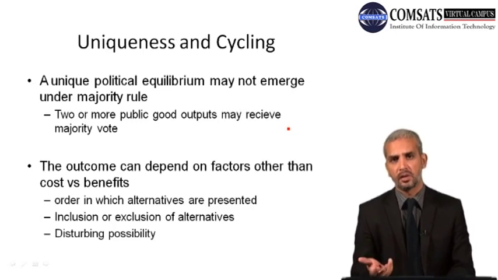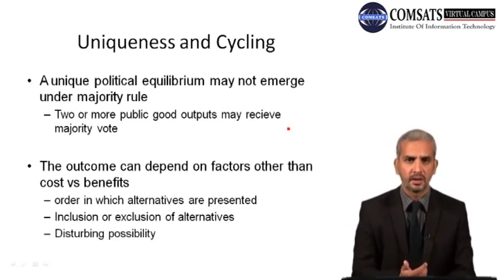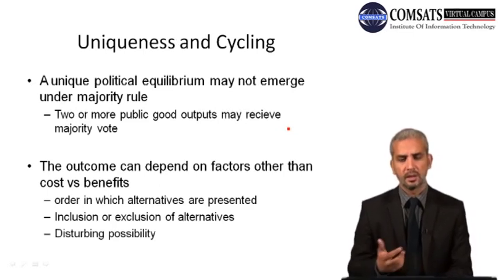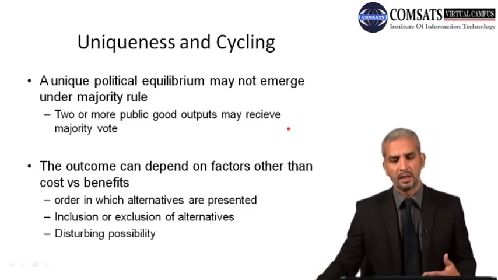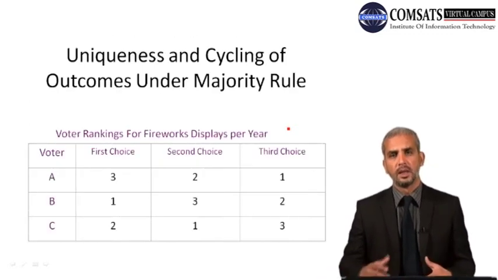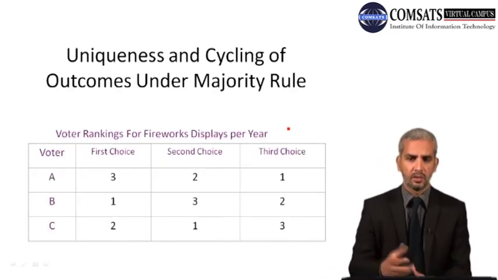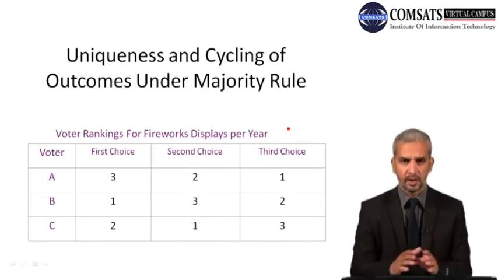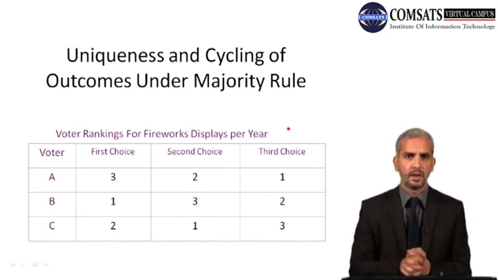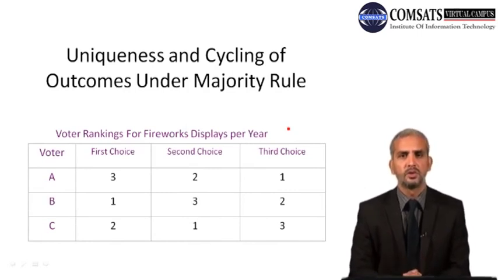But it also involves how individuals rank their preferences and how individuals choose among the alternatives. In that case, the order in which alternatives are presented and inclusion and exclusion of certain alternatives also affect the uniqueness of political equilibrium. And in fact, there would be no unanimous decision or no specific decision under the majority rule. And for this, we considered an example where there were 3 individuals who were choosing for a display of fireworks.